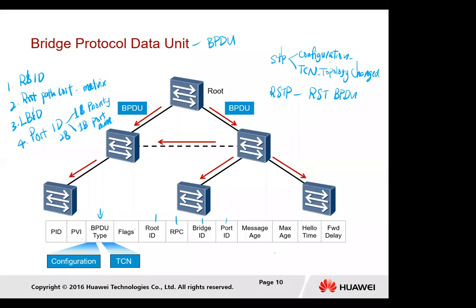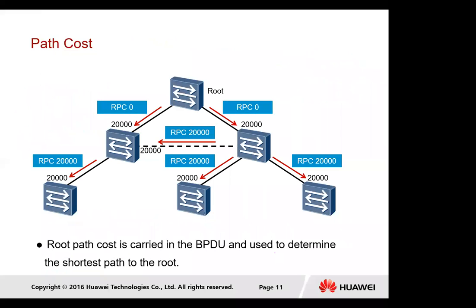If those are the same, then they compare the local bridge ID. If the bridge ID is also the same, then they compare the port ID. This is how they do the negotiation based on the sequence. The root path cost is carried in the BPDU and used to determine the shortest path to the root. So when this is a root bridge, the rest are non-root.